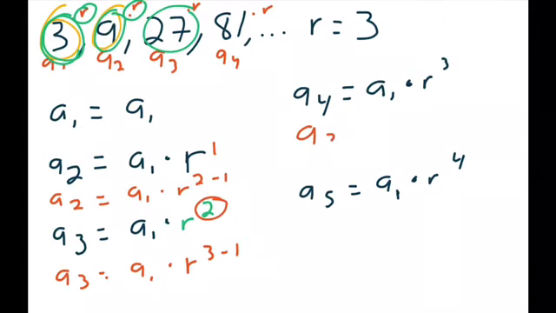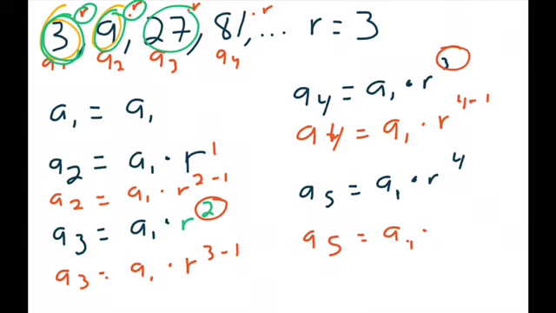A sub 4 equals a sub 1 times r to the 4 minus 1, which gives me my 3 right there. And a sub 5 equals a sub 1 times r to the 5 minus 1, which gives me my 4.